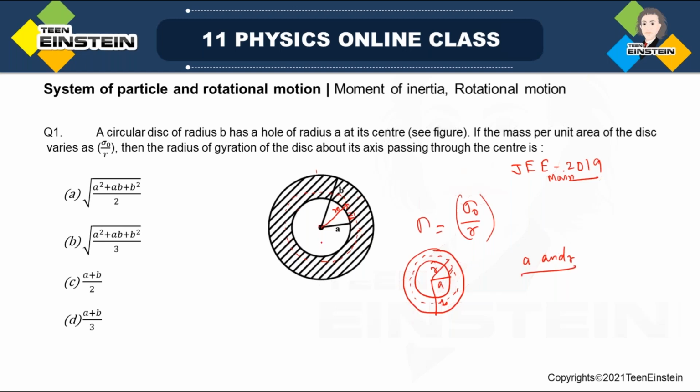So if we can find the moment of inertia of this elemental disk, and then integrate between the limits a to b, we'll get the moment of inertia of this particular disk which has a hole of radius a. So let me get the mass of the elemental disk.